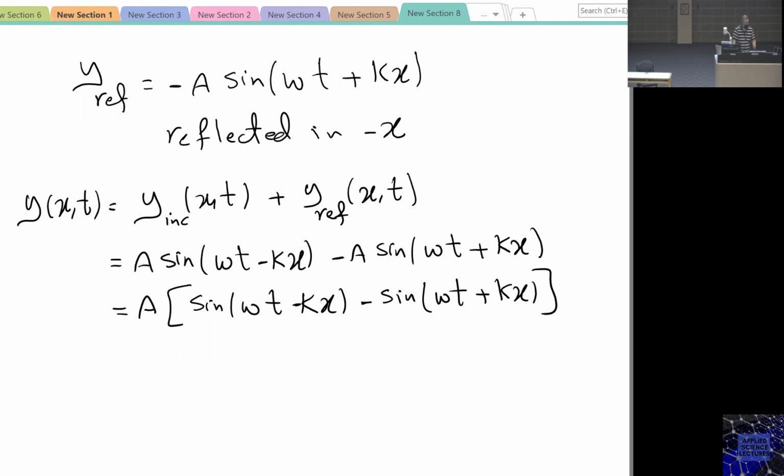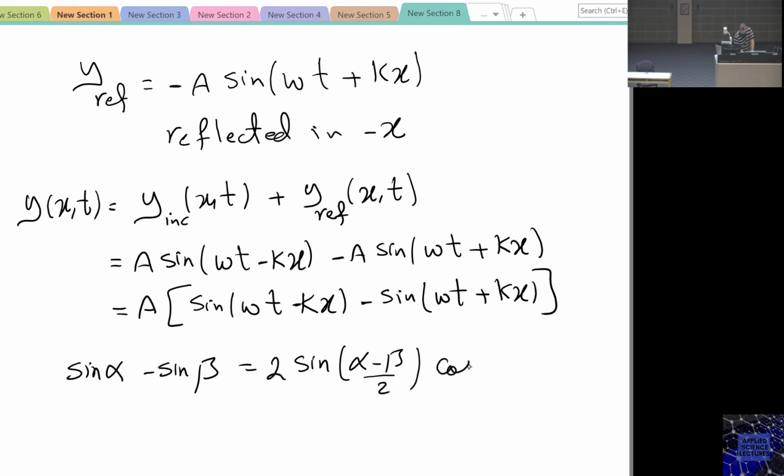Now, if I use the following trigonometric identity, that basically says sine alpha minus sine beta equals 2 sine the difference divided by 2, cosine the summation divided by 2.